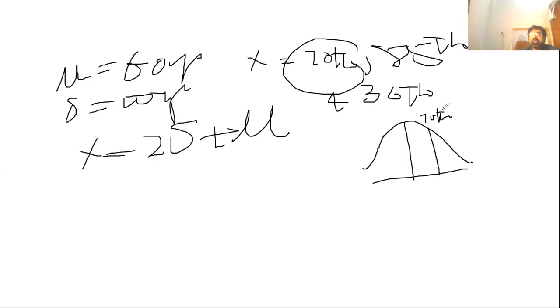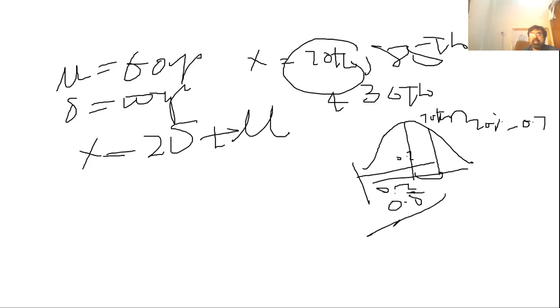What you have to do, you have to convert it into percentage, 70%, and then divide it by 100, which becomes 0.7. So the area from here to here is 0.7, and we need this one area. So what we have to do, we have to subtract 0.5 from 0.7, that becomes 0.2000.